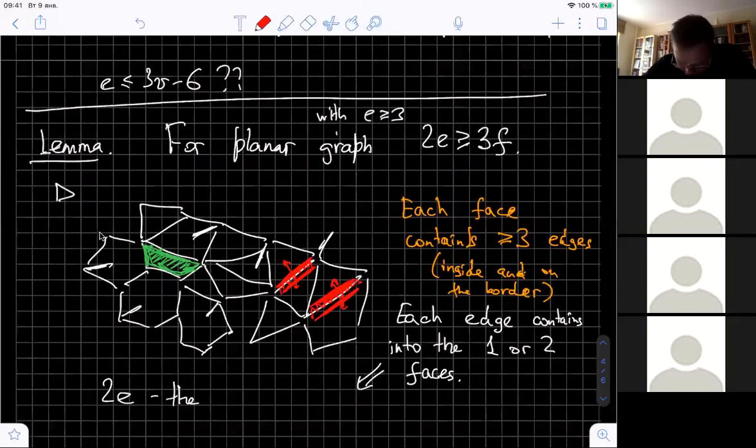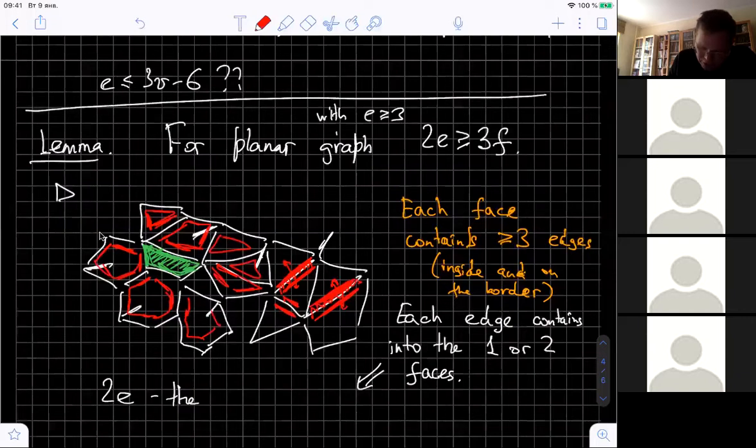Each edge we can count twice, and it will be the number of edges corresponding to each face.